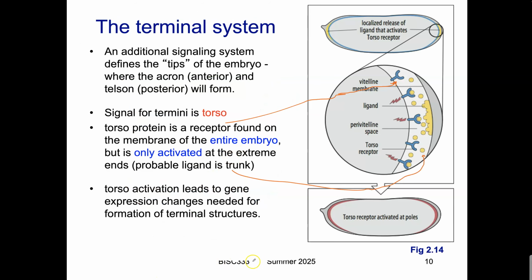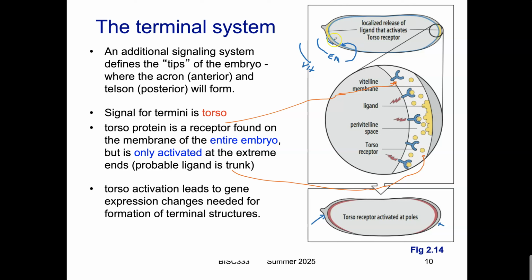So the terminal system is right at the very tips of the embryo. And this is a case where you have a receptor, and the receptor is called torso. It's probably useful to have this picture. The egg membrane is the membrane that's inside, and then there's the vitelline envelope, or sometimes the vitelline membrane, on the outside.